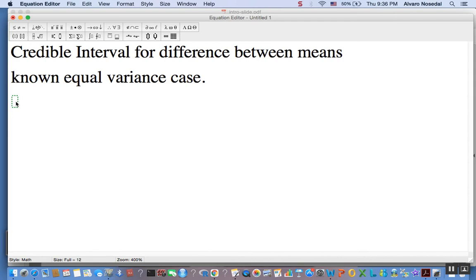So again, very important, let me remind you that we are assuming that the variance sigma squared is known. Let me again write here where we talk about the conditions that we are considering.